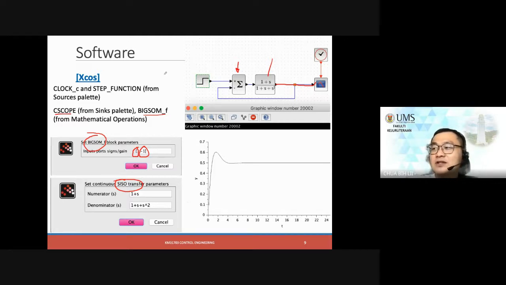After you run this and everything is complete, you just look for a button, simulate or run. Then probably they will show you this. By double clicking this oscilloscope, or C scope, then you would see the signal.